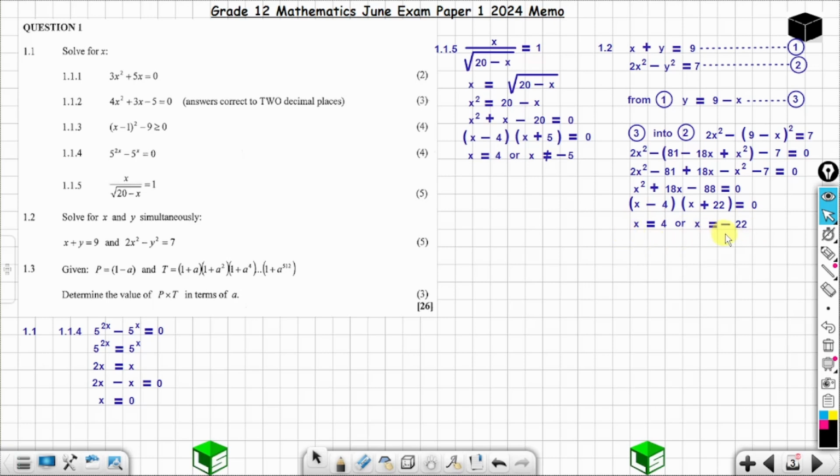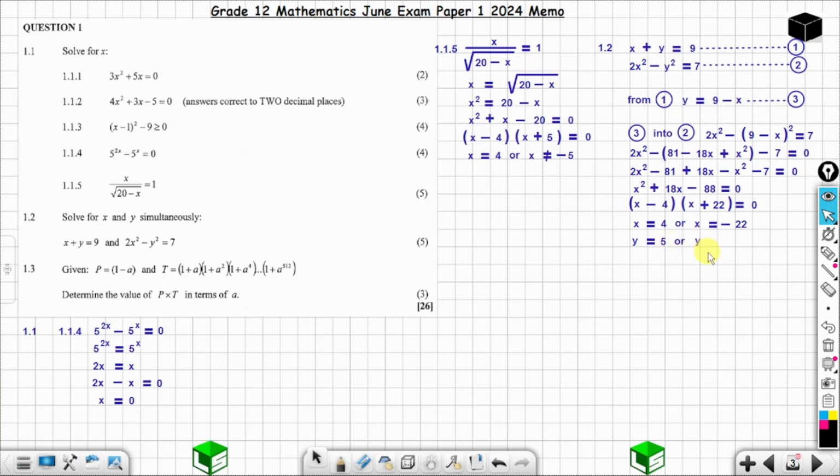So you have x. You need y. You are going to use x is equal to 4 and plug in there. So y is equal to 9 minus 4, which is 5.